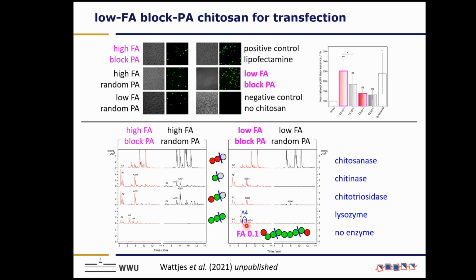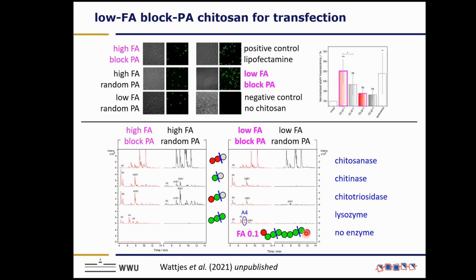This is very unusual for a chitosan with a fraction of acetylation of 0.1. But our enzymatically produced chitosan has this acetylated block, which allows it to be cleaved by human enzymes.